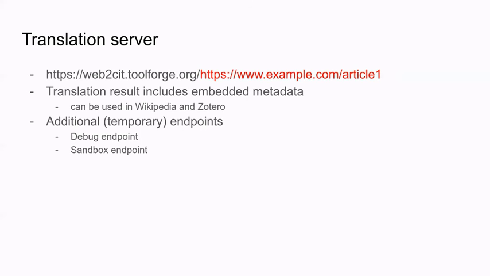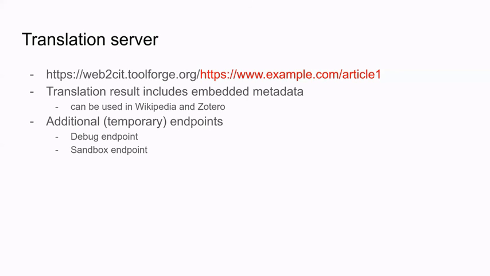The idea of the sandbox endpoint is that it's going to work just like the regular one. Sorry, I'm using the word endpoint. With endpoint, I mean a specific address of the translation server that we use for a specific purpose.